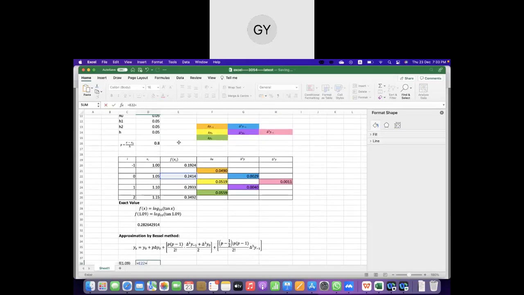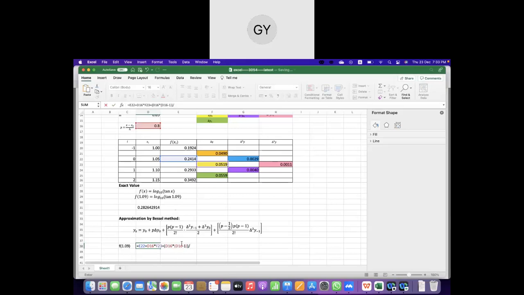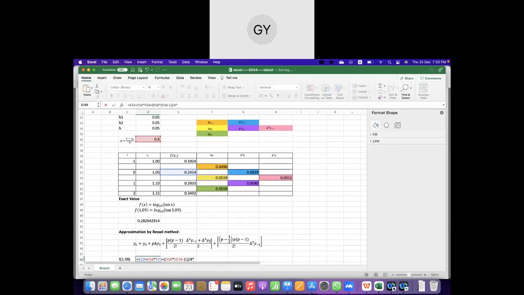So p is 0.8 times first DD 0, yellow color, then plus bracket p 0.8 times bracket p minus 1, 0.8 minus 1 bracket, then divided by 2 factorial, which is 4, then times again the second DD -1 plus second DD 0, which are blue and purple color.